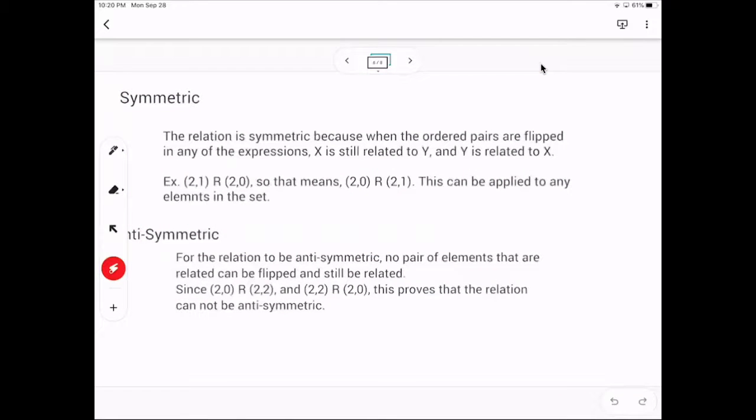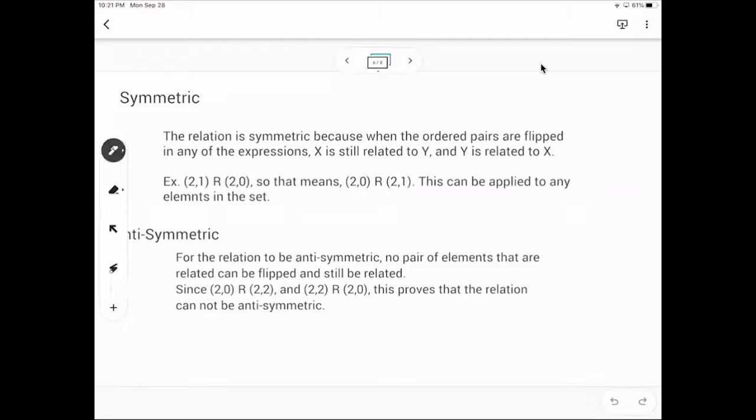Is this relation symmetric? In order for a relation to be symmetric, the ordered pairs can have their order flipped and have X be related to Y and Y related to X. So if we look at an example, we have (2,1) is related to (2,0).